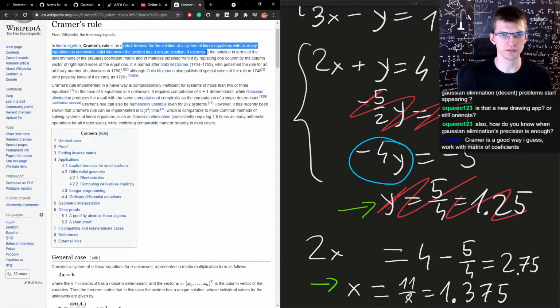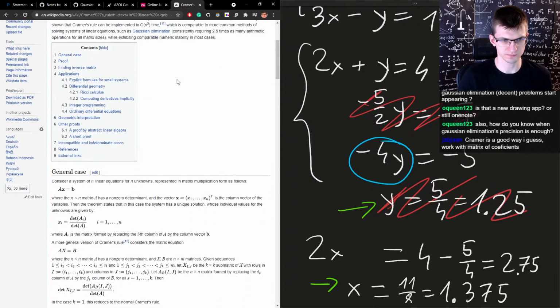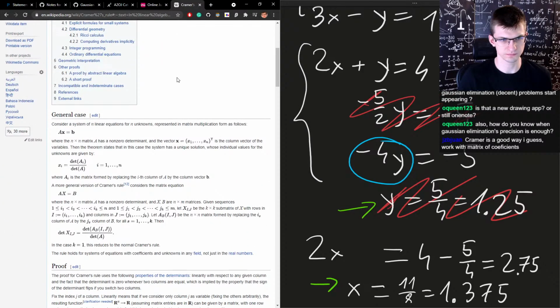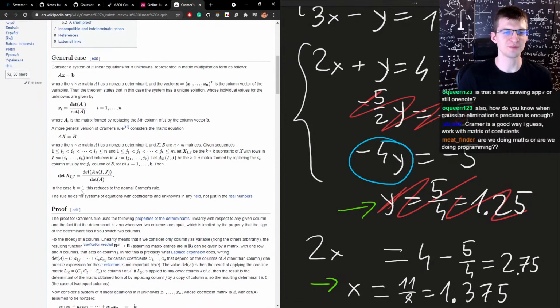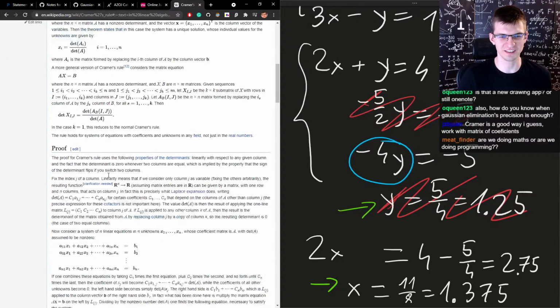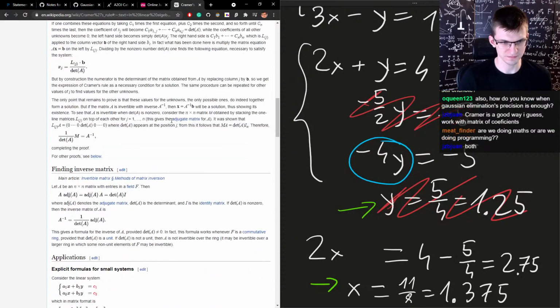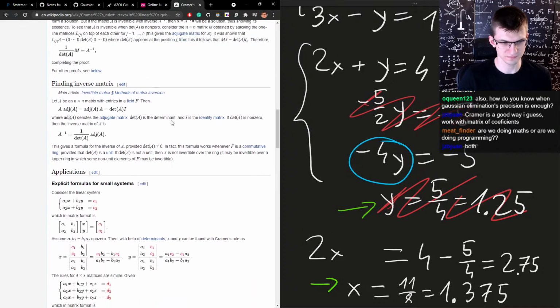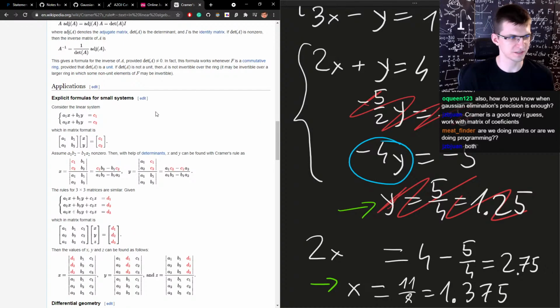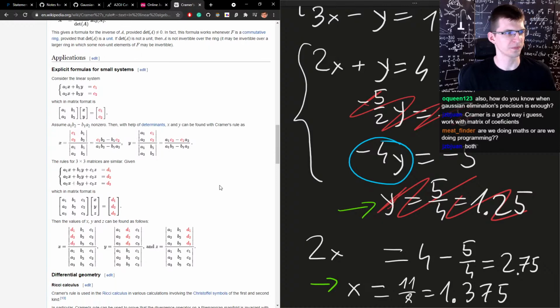This thing works only if there is exactly one solution. Well, determinant is hard to compute. Computing determinant actually requires running Gaussian elimination. Or finding inverse matrix. Algorithm for that is also kind of Gaussian elimination. So no, we are not doing this.